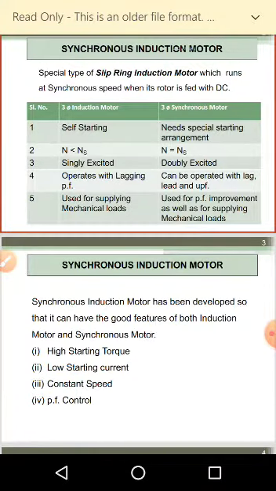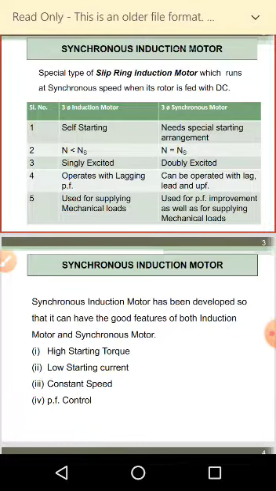Only a 3 phase supply is given to the induction machine, and in the case of the synchronous machine, the stator is given a 3 phase supply to provide a rotating magnetic field and DC excitation is given to the rotor. So, it is doubly excited, the other one is singly excited.